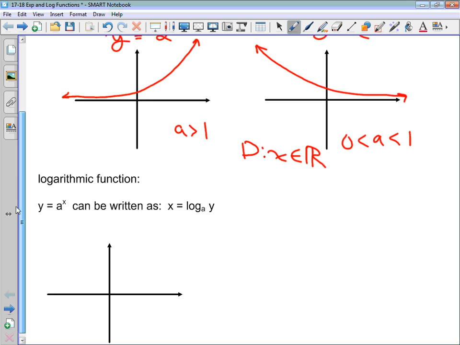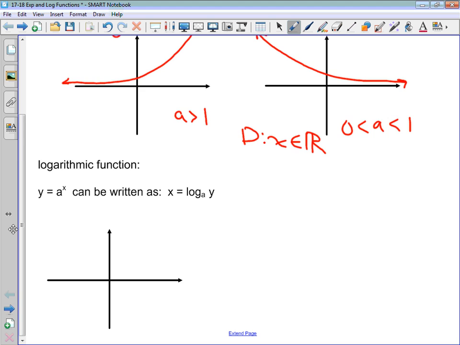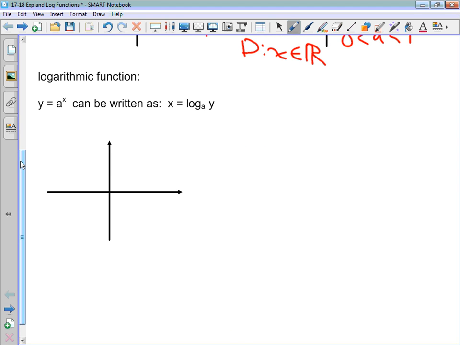Logarithmic functions. What do we mean by a logarithmic function? Well, logarithmic functions are the inverse of exponential functions. Okay. So if we've got some function y equals a to the x, we can rewrite that by taking the inverse, interchanging x and y, and rearranging as x equals log to the base a of y.